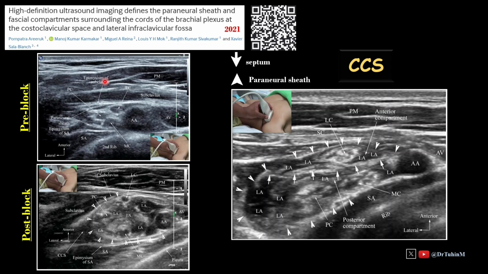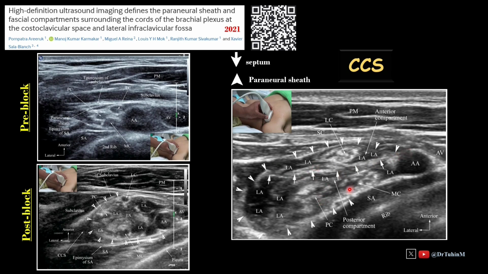Similar to the supraclavicular region, the paraneural sheath at the costoclavicular space appears as a hyperechoic connective tissue layer on the ultrasound. It is positioned between the epimysium of the surrounding muscle and the outer surface of the brachial plexus cords. A single septum is also present here, which divides it into an anterior compartment containing the lateral cord and the posterior compartment containing the medial and the posterior cord.